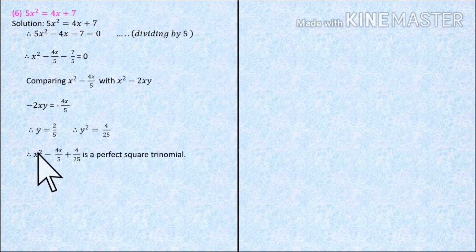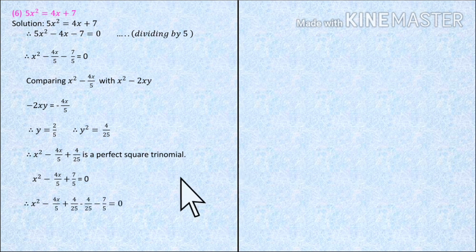Then, x square minus 4x by 5 plus 4 by 25 is a perfect square trinomial. So add 4 by 25 and subtract 4 by 25. Therefore, x square minus 4x upon 5 plus 4 by 25 minus 4 by 25 minus 7 by 5 is equal to 0.